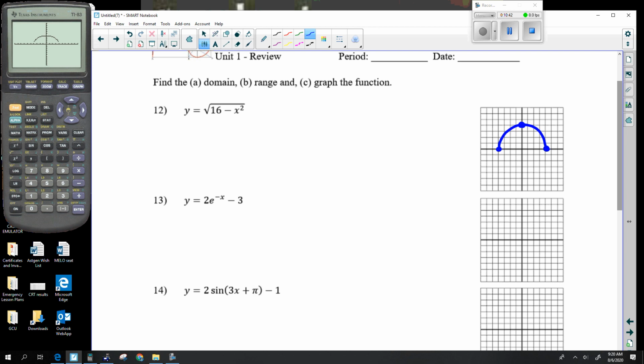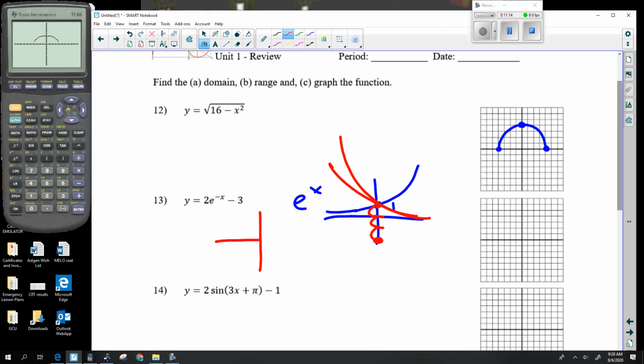So 2e to the negative x minus 3. Okay, and e to the x generally looks like this with an intercept of 1. That's what an e looks like. So a negative x will put it downhill. The 2 will make it steeper, so it'll be a steeper version of that. And then the minus 3 would move this down 3, so down to negative 2.